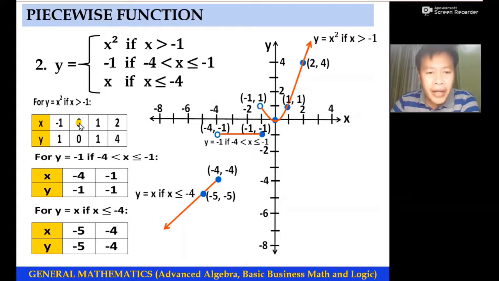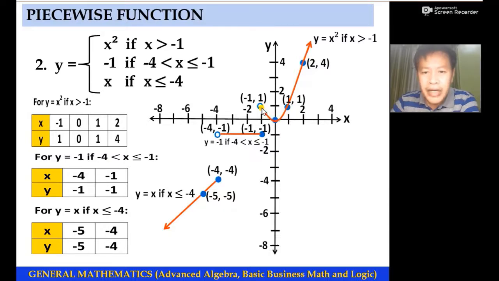Therefore, this is not included because of this inequality in which negative 1 is not a part of the value of x. We have 0 and 0 and that is our origin. And this is the vertex of the parabola. Then 1 and 1, this is it. And you have 2 and 4. Where is that? 1, 2, then 1, 2, 3, 4. These are the 4 points.